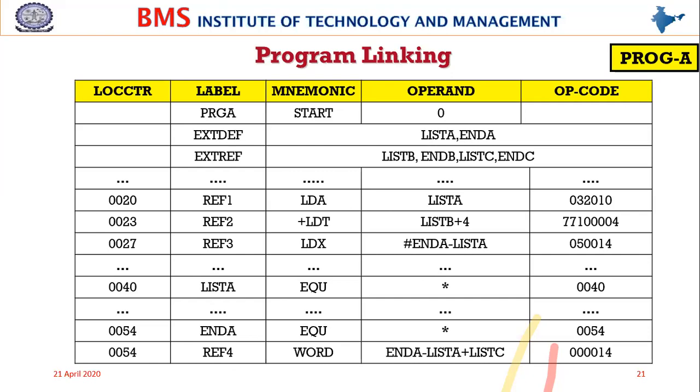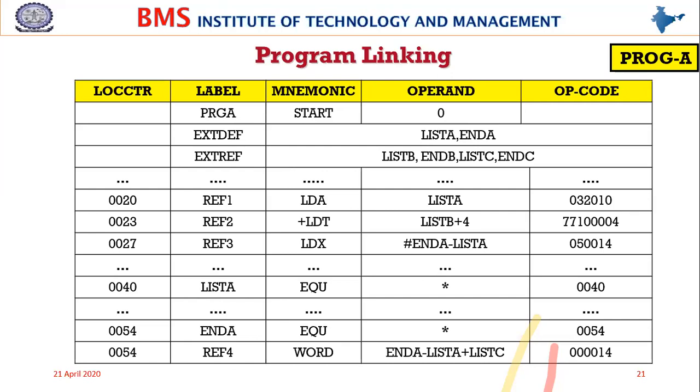But you just see the REF2 label having a format 4 instruction, +LDT. It is telling LISTB+4. Meaning LISTB is not a symbol of this particular control section, but it will be the symbol of the other control section. That value needs to be added with 4.